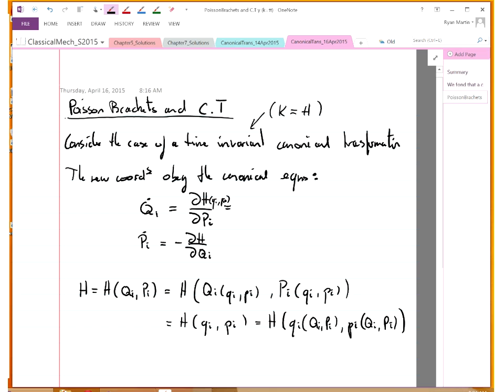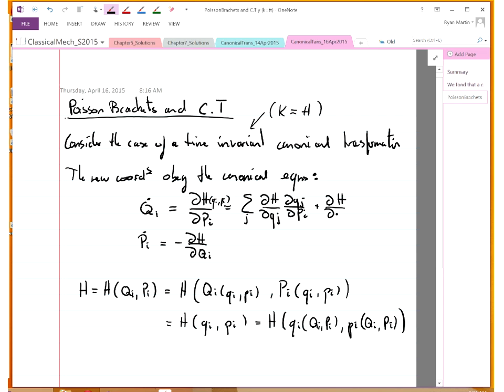So in the first line, I'm actually going to assume that I've written H in terms of the lowercase variables. So let's say this is H of lowercase q and lowercase p. So it's exactly the same as if I say capital Q and capital P. But if I think of it as being a function of lowercase q and lowercase p, then when I do this partial derivative, I need to do the chain rule. And so then I have to do the sum over all the degrees of freedom.